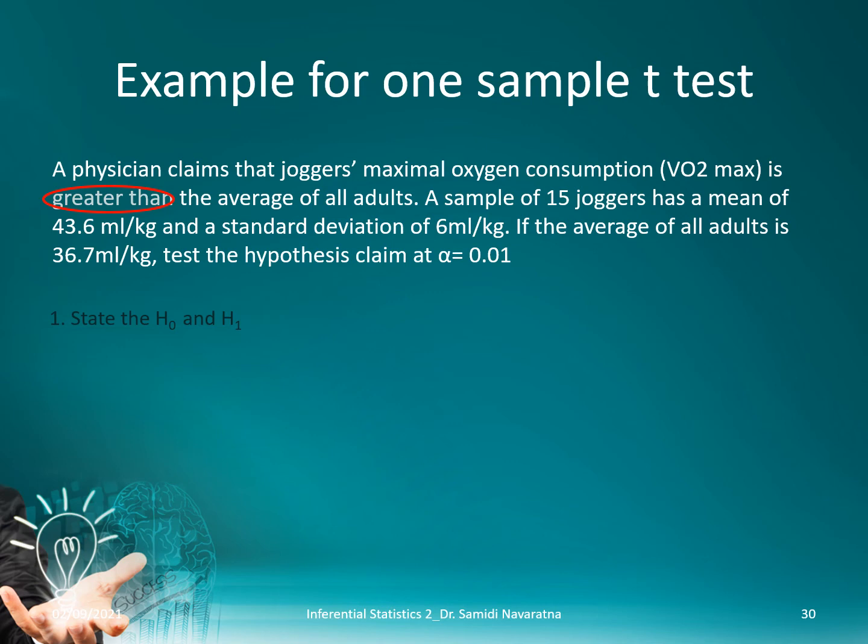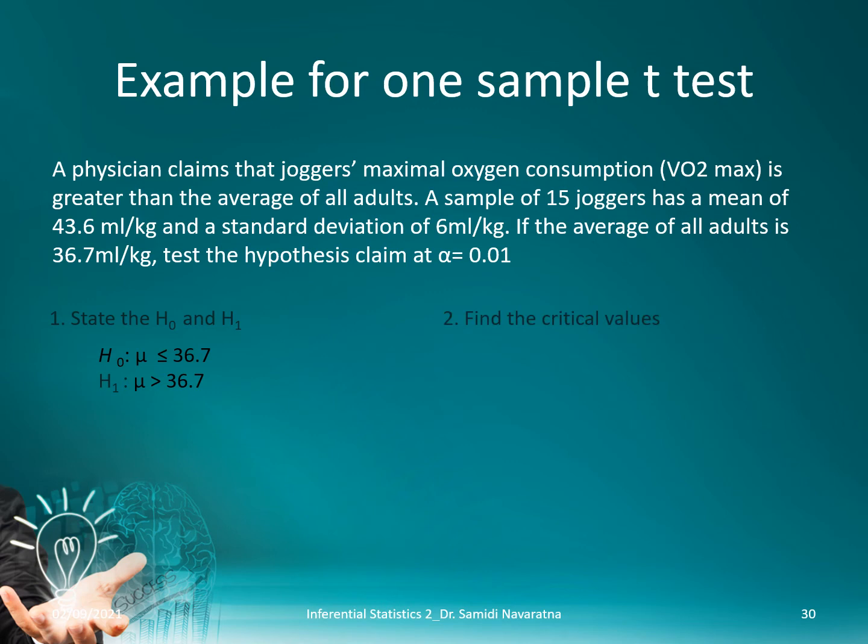Therefore, the null hypothesis would be the population mean is less than or equal to the average of the normal population, that is 36.7. And the alternative hypothesis would be the claim, that is mu is more than 36.7.